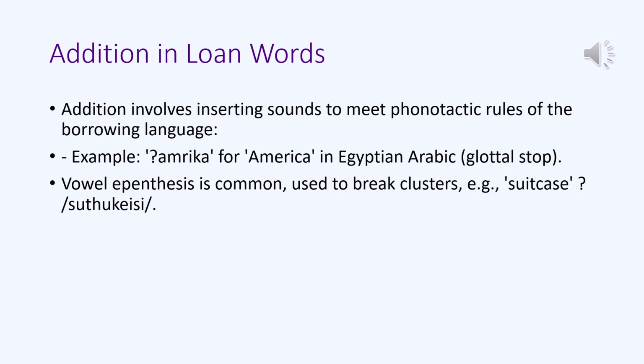An example for this is the English word suitcase, which might be adapted with the addition of vowels to make the pronunciation of it smoother and deal with the consonant clusters. In this process, the additions are not randomly placed. They are systematic adaptations that ensure the borrowed word conforms to the borrowing language's phonological structure.